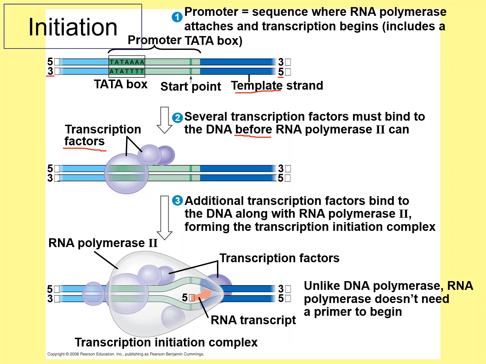So if the template is 3' to 5', when I add my complementary bases, I've got a 3' end there, the complementary end is going to be the 5' end. And here we have, in the bottom, RNA polymerase has started. Here's the starting point of the gene.